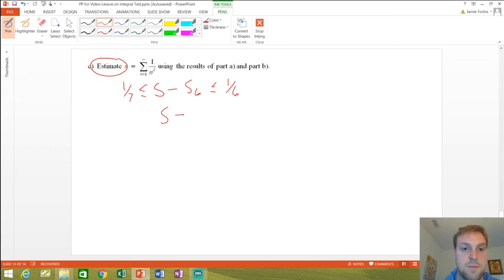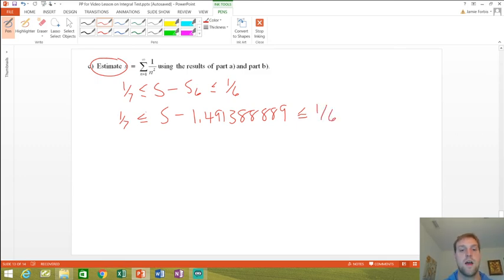I'm going to say s minus s sub 6, and remember s sub 6 from part A was 1.491388889. I know that that's between 1/7 and 1/6. So if I want to know my possible estimation for s, I'm going to add this value, 1.491388889, to both sides.